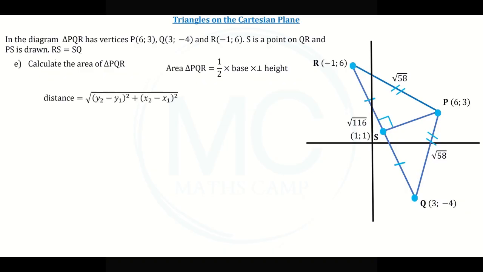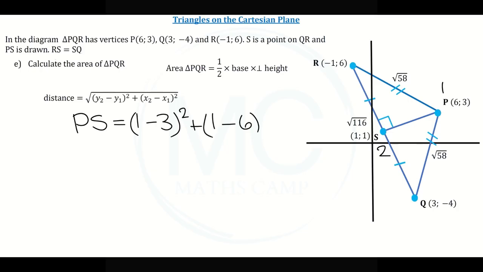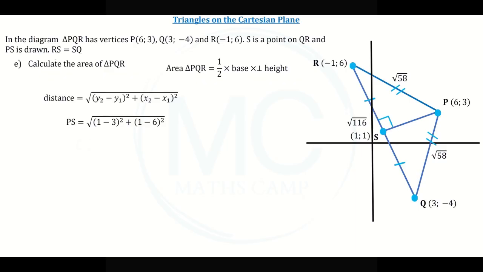Let's say that P is our first point and S is our second. So we can say the distance PS is equal to 1 minus 3 squared plus 1 minus 6 squared, all under a square root. 1 minus 3 gives us negative 2.